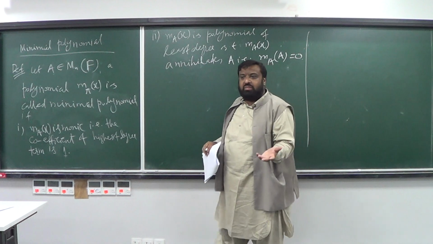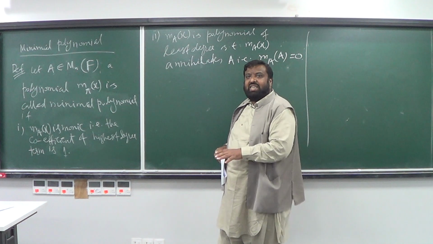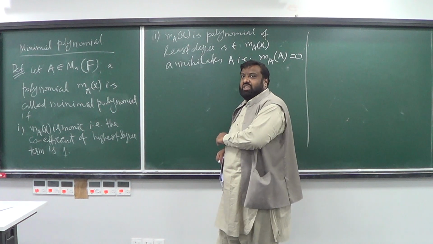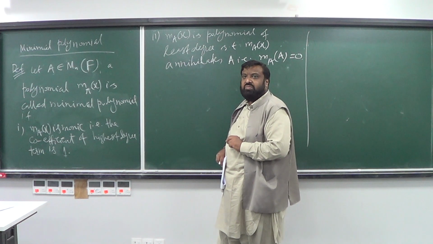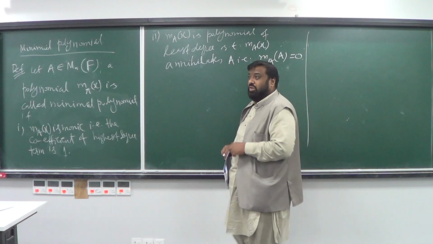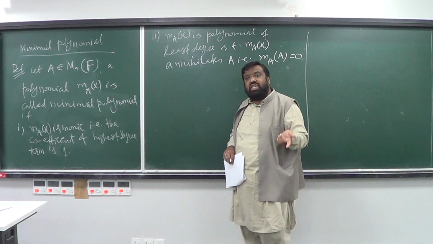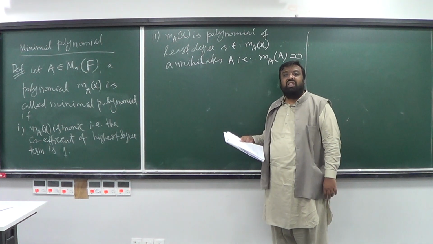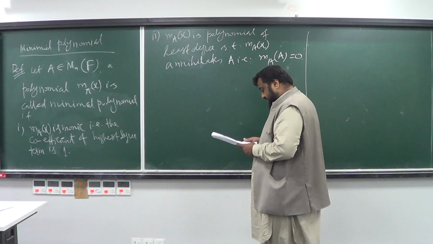There can be other polynomials which are smaller in degree than the characteristic polynomial, but they annihilate the matrix A. Any polynomial that annihilates the matrix A and has the least degree, we're going to call a minimal polynomial. And we'll prove a result that the minimal polynomial has an interesting relationship with the characteristic polynomial.